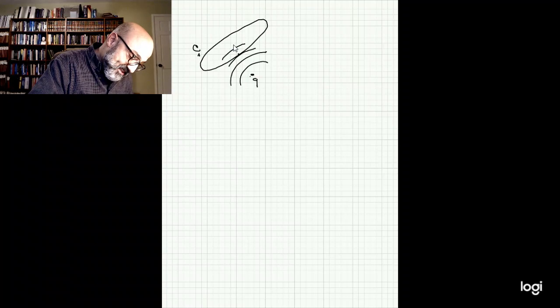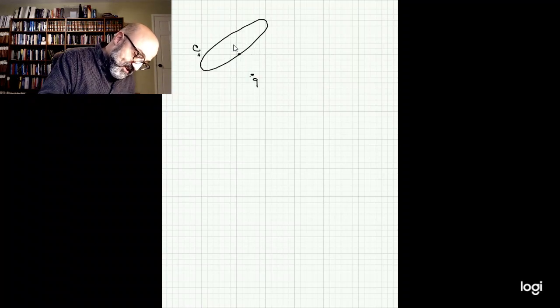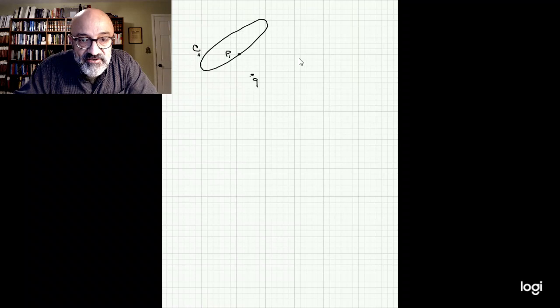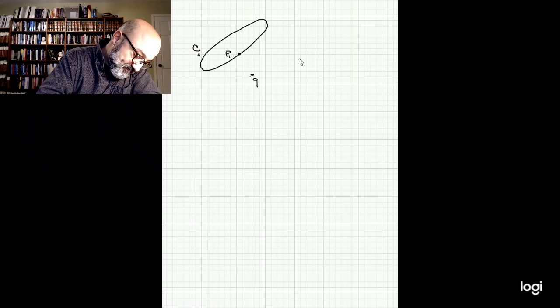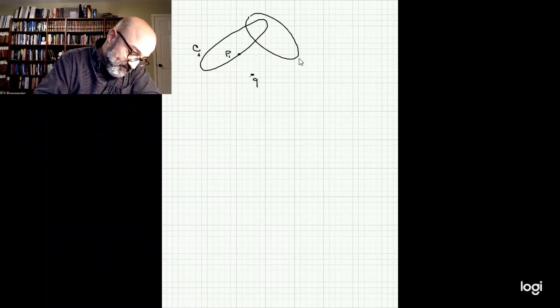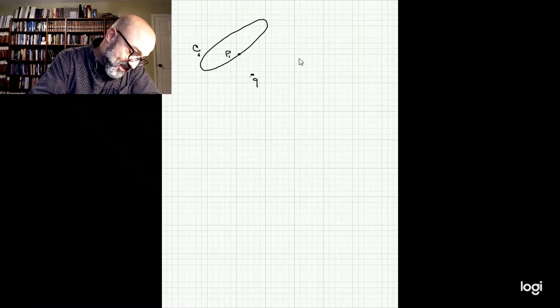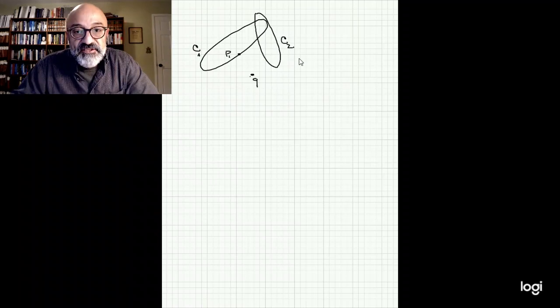So the selected posterior is this one here. Let me call it P1. Now I'm going to apply another constraint. Let me draw it like this. This is constraint C2.